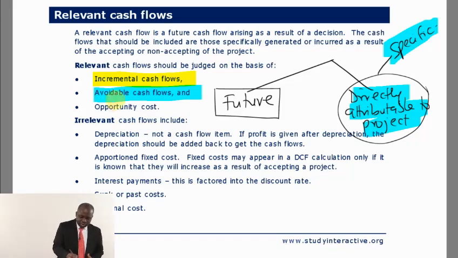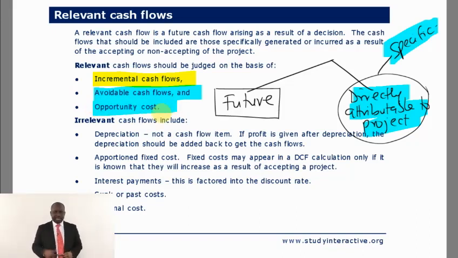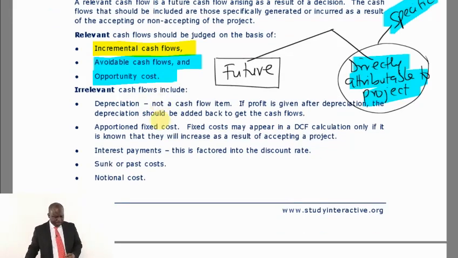The last one is the opportunity cost, which is basically the benefit that you might forgo as a result of undertaking the project. As a result of undertaking this project, there might be benefits somewhere I will sacrifice. I'll have to include that benefit I'm sacrificing as part of costing that particular project.